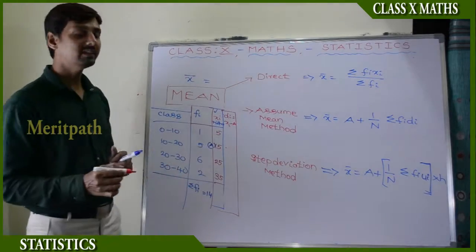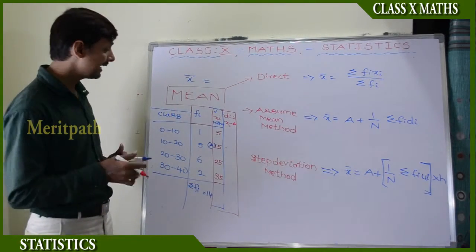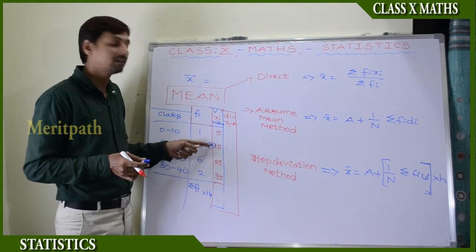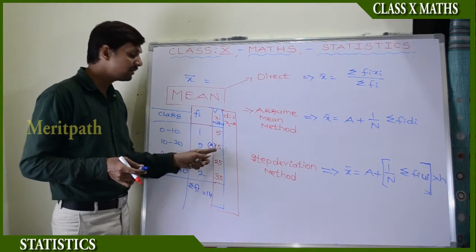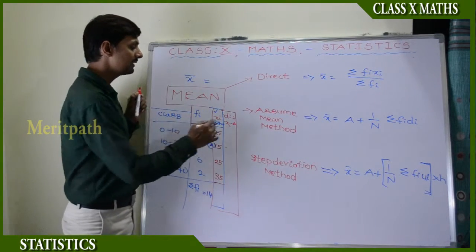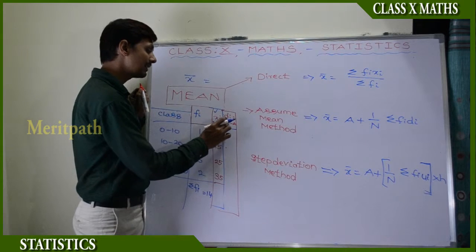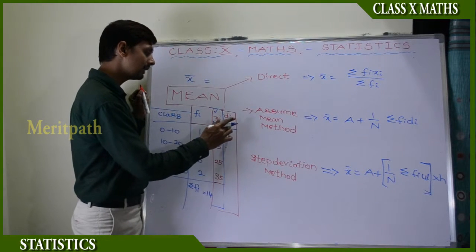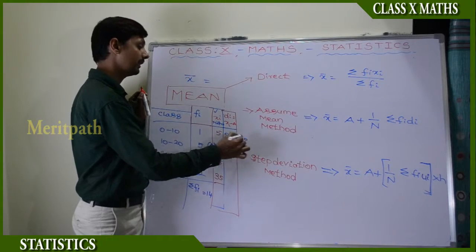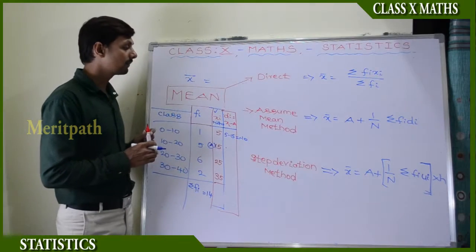Xi is the mid value, and a is the assumed mean. So when we subtract xi minus a, we get di. For example, when we take xi as 5 and a is 15, 5 minus 15 is minus 10. Minus 10 is di.